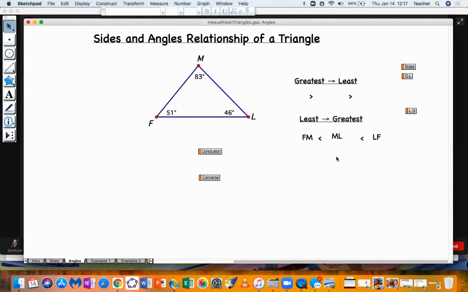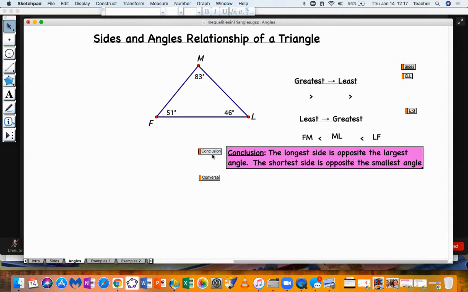Greatest to least, I'm finding the largest angle first. Least to greatest, I'm finding the smallest angle first, and then I go from there. So what I want you to know is the longest side is opposite the largest angle, and also the shortest side is opposite the smallest angle. So whether we're going greatest to least or least to greatest, we need to understand that idea.